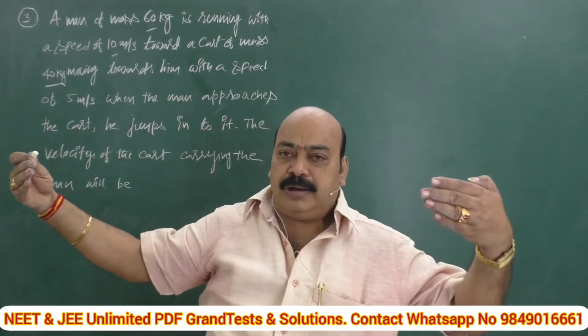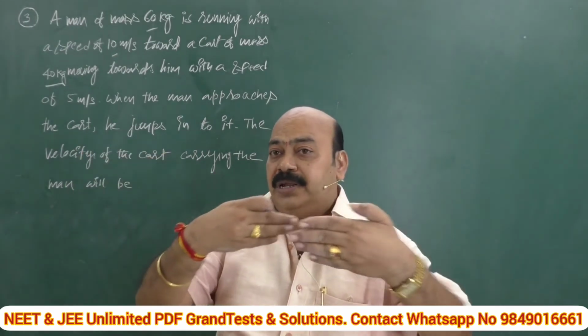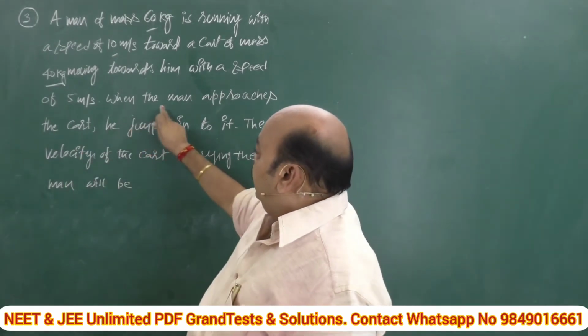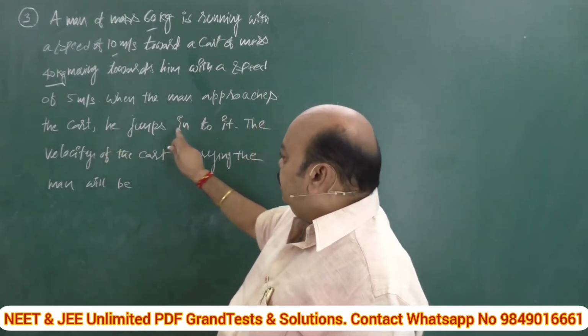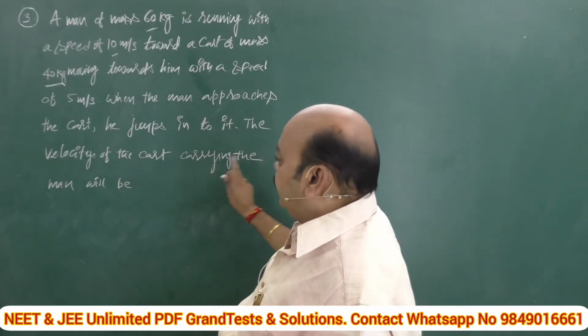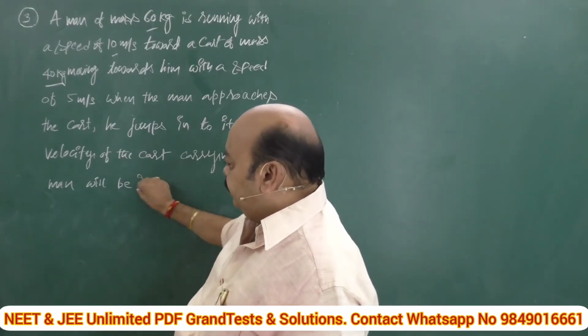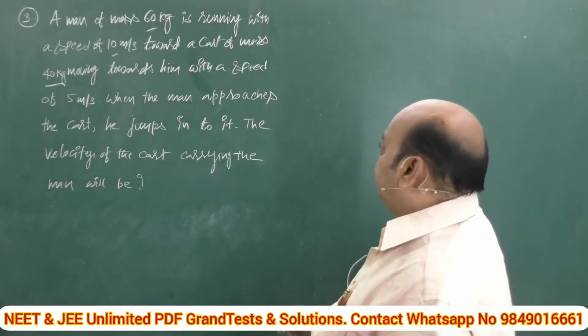That means they are moving towards each other, in opposite directions, mind it. When the man approaches the cart, he jumps into it. The velocity of the cart carrying the man will be. Just making use of law of conservation of momentum, we can solve this problem.